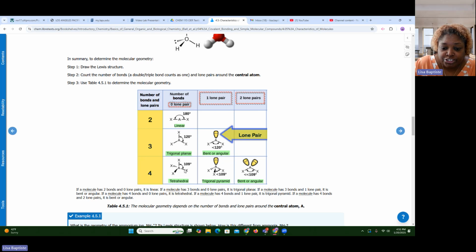It has the 4 hydrogen around it, so that would have 4 bonds, and there are no dots around the central element, so there are no lone pairs. If you look at the next example, 3 bonds and 2 lone pairs would be trigonal pyramid, but we have tetrahedral for our shape.